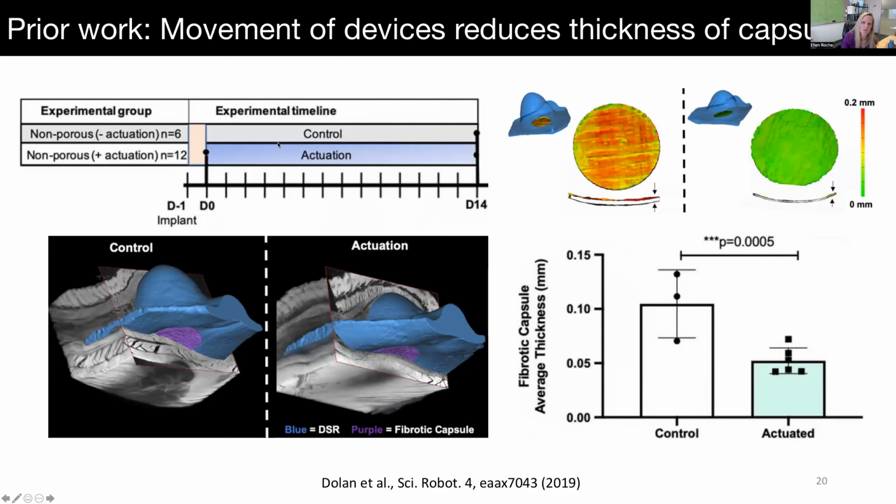There was a control group that was static and an actuation group where every 12 hours we would cyclically actuate the device for 5 minutes at a frequency of 1 hertz. When we looked at the end of those 2 weeks, we could see there was a decrease in the fibrous capsule in the actuated group, with the small n number admittedly shown here, but this encouraged us that potentially this intermittent actuation could modulate the immune response.